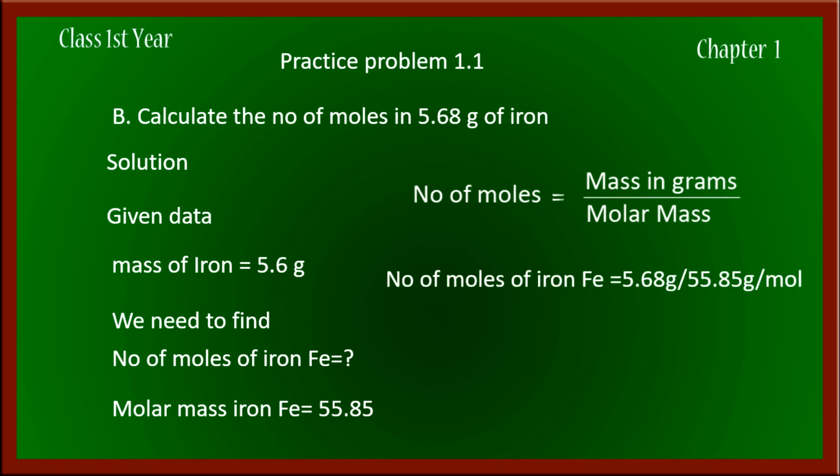After putting the values in the formula and doing the calculation, the number of moles of iron in 5.68 gram is equal to 0.101 mole.